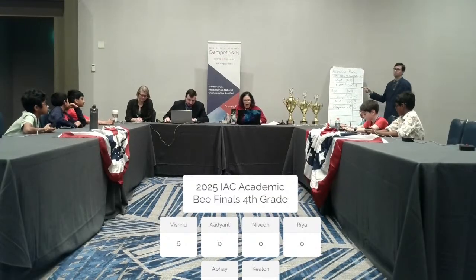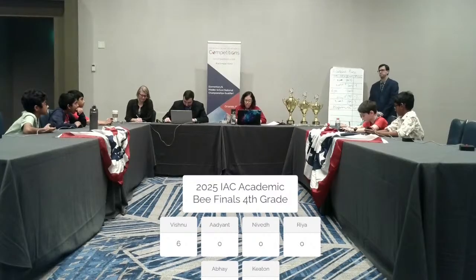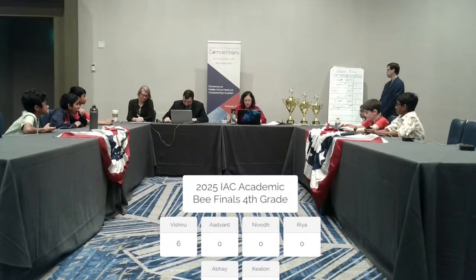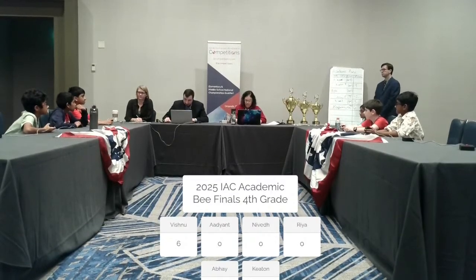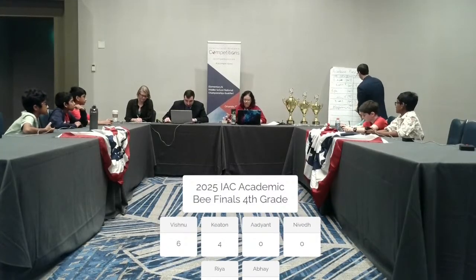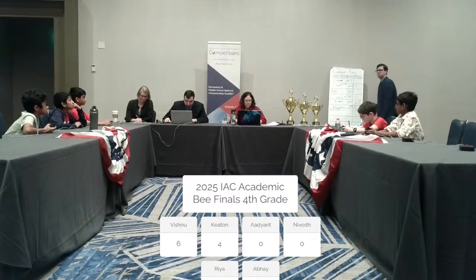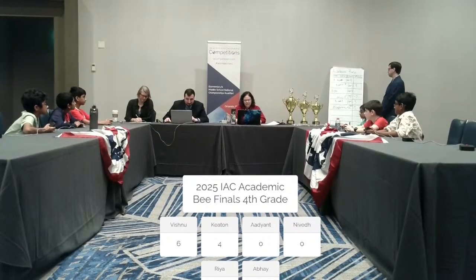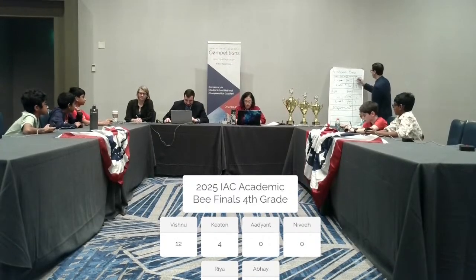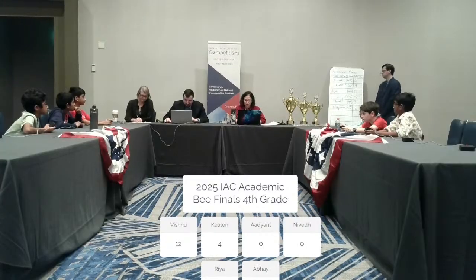Number 4, as part of a plot to overthrow his brother, this man fathered children with his niece Tyra. This man instructed his wife to disrespect his body after he died. That is correct, and that is also 6. 5. Are you guys keeping up with me, or do I need to see their name? Okay, very cool. Thank you. 5. This position was established after the overthrow of Lucius Tarquinius Superbus.